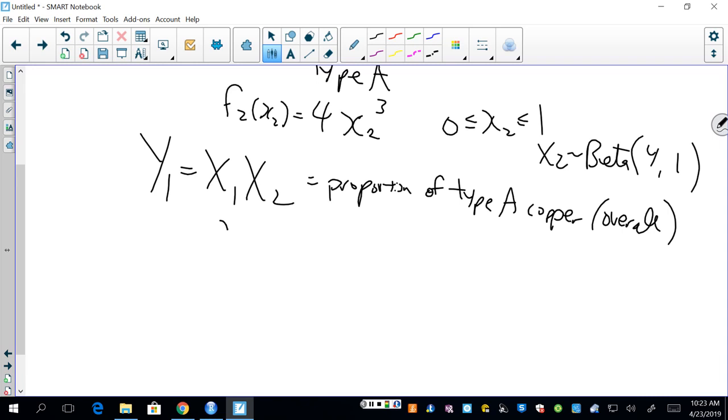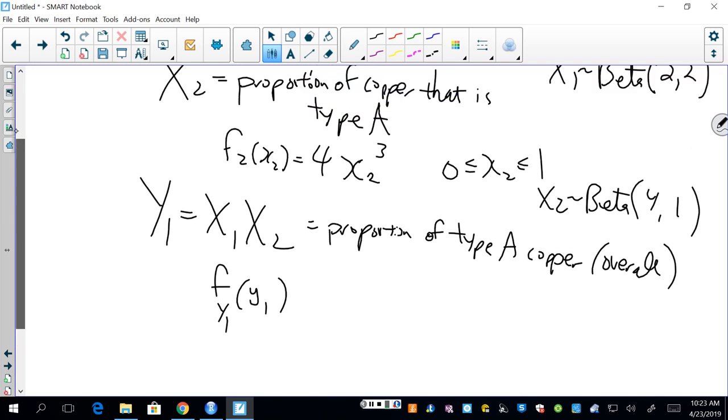And so we want to know what's the distribution of y1, of that variable. So we want to know means, variances, and probabilities for the proportion of the material that we're going to get out of this different sample.